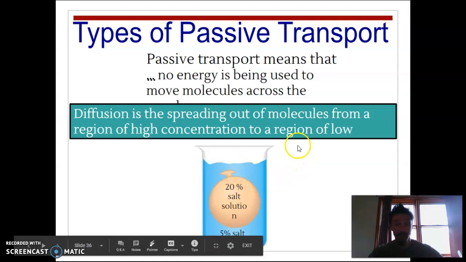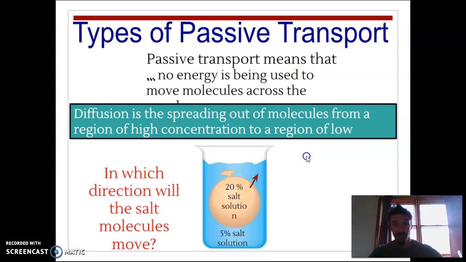So the water is going to be passively transported. We're talking about salt molecules. Water will in fact go straight into the cell, the balloon in this example, because there's 95% outside the balloon and 80% in the balloon.